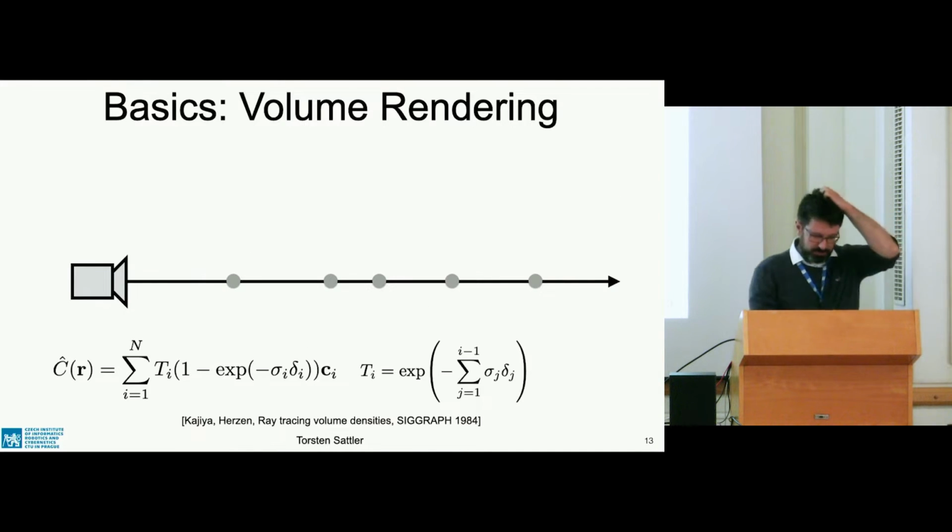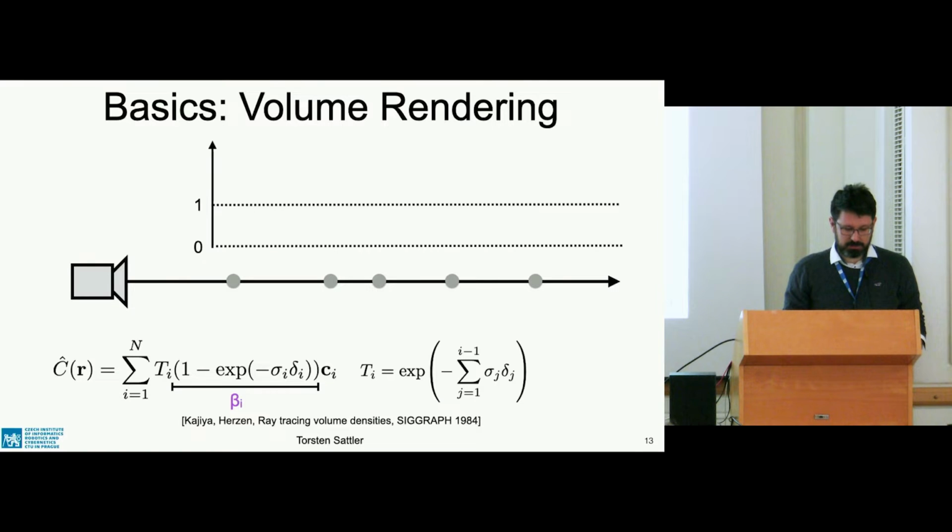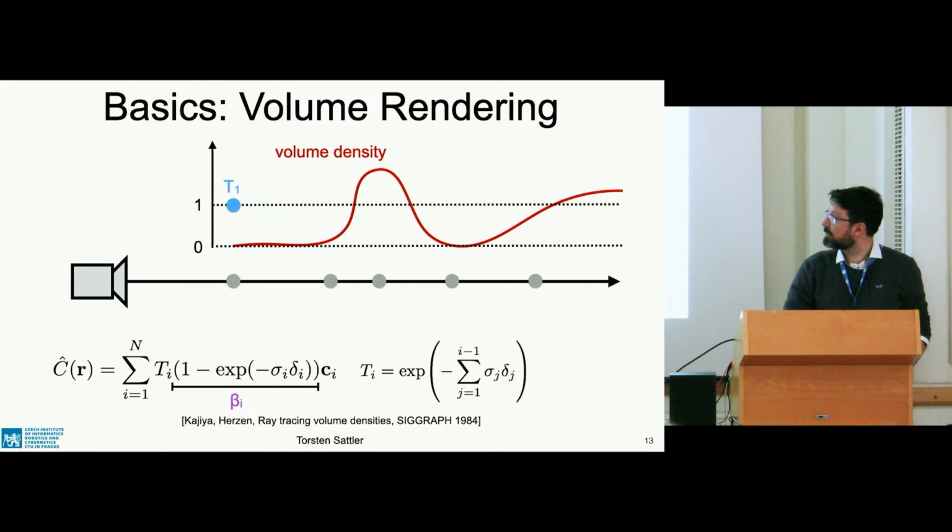Let's try to illustrate this a bit. We will call this individual term beta_i here. And let's look at the distribution of volume densities. Let's assume this is our volume density, the ground truth. Then at the first sample, we haven't encountered anything before. So this is 0, meaning T_1 is 1.